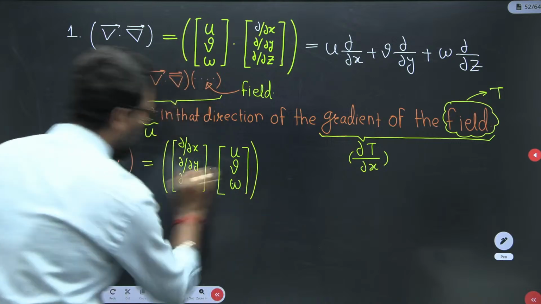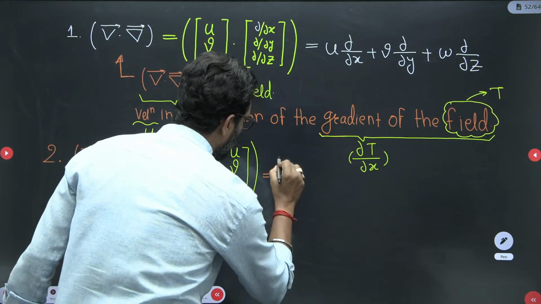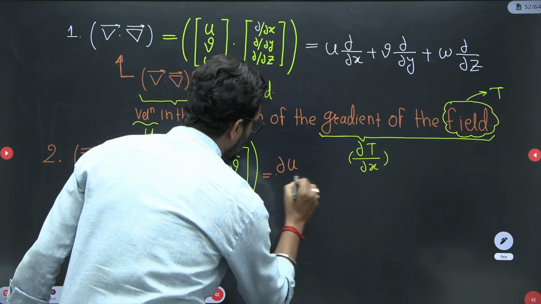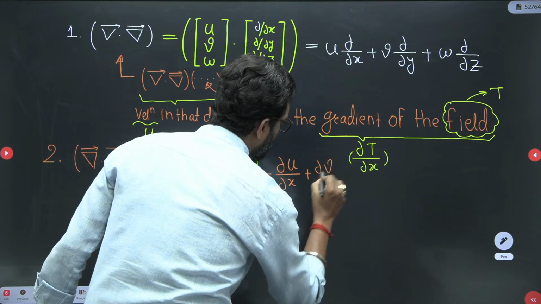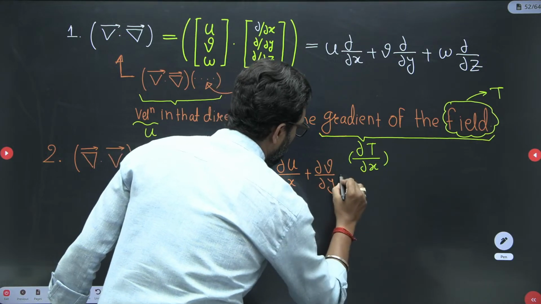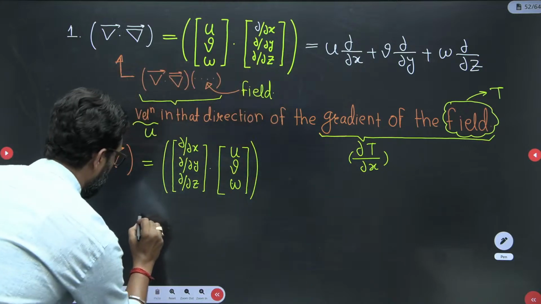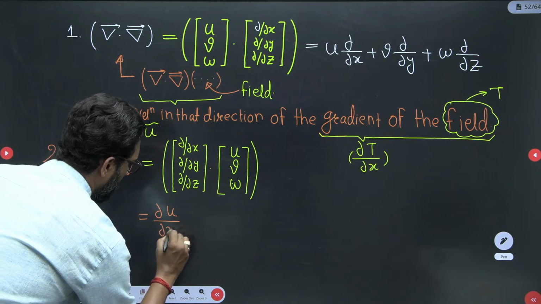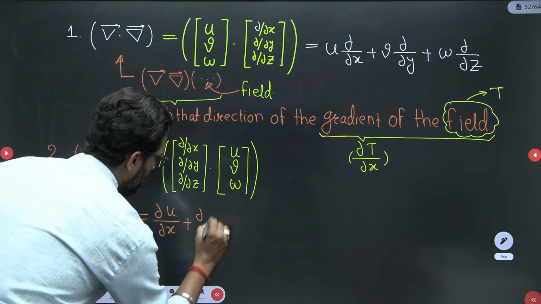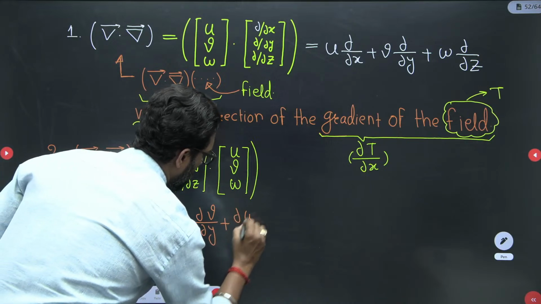Now if you take the dot product, what is the result? This is dou u by dou x plus dou v by dou y plus dou omega by dou z.